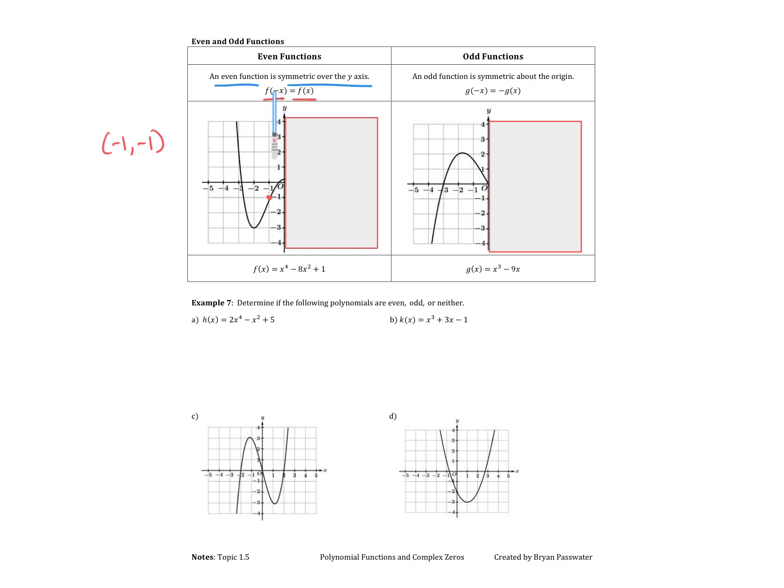I changed my x. It's f of -x. So I changed my x, so my other ordered pair will be 1, -1, because it just switched its x. All right, it kept its y, it changed its x.